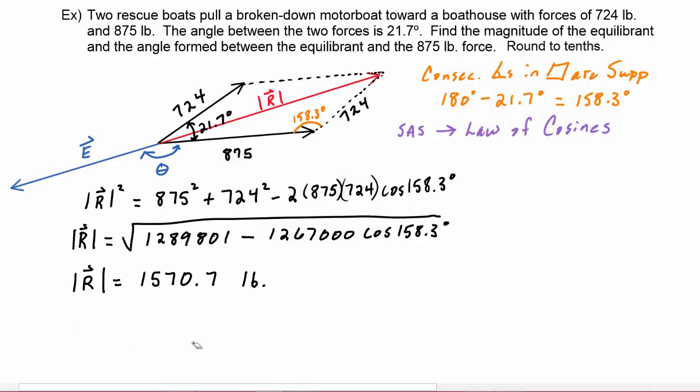Now that is the magnitude of the resultant, so let's go ahead and label that in our picture. We know this is 1570.7. Now, because the equilibrant is just the opposite vector of the resultant, we know that means that their magnitudes are equal.